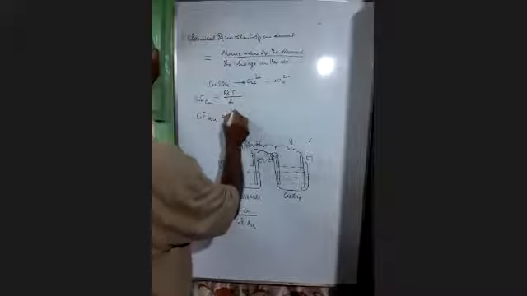So let me calculate now. Chemical equivalent of copper: atomic mass of copper is 63.5, charge is 2. And chemical equivalent of gold: atomic mass is 197 divided by 3.